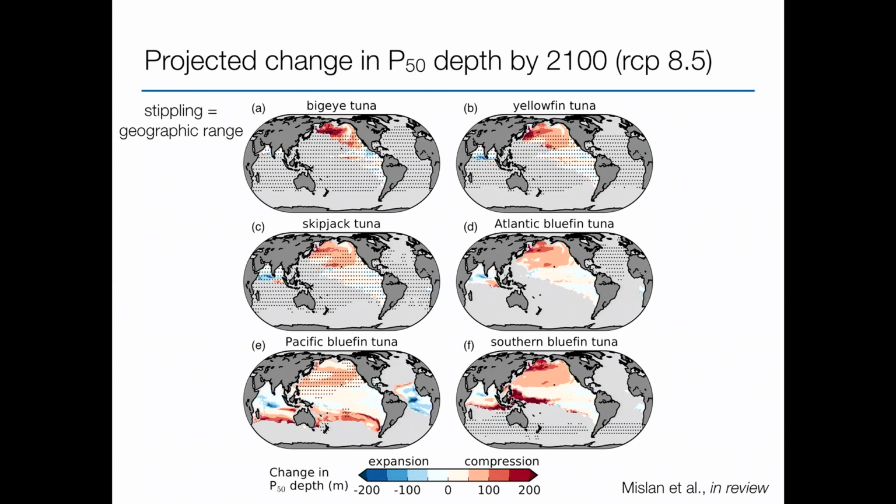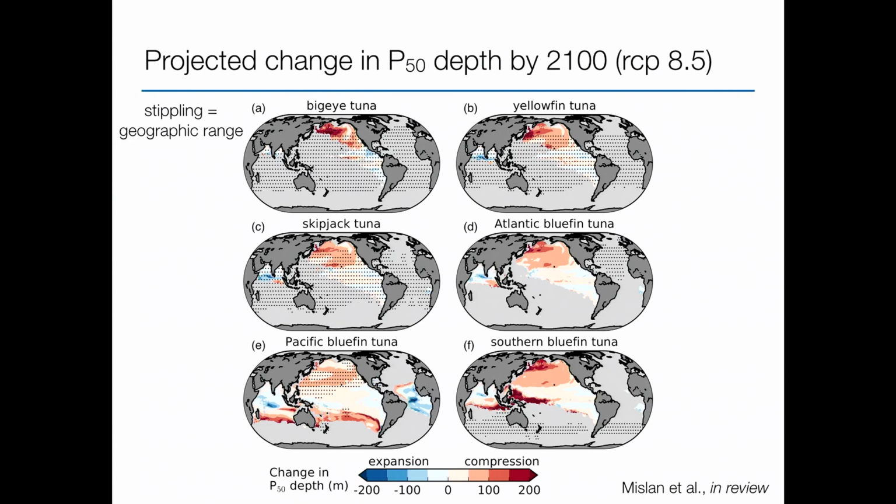So this is set up similar to the other plot. The red means that the P50 depths are getting shallower, so that compression that I was talking about in the initial hypothesis is potentially going to occur. If it's blue, it means the P50 depths are getting deeper, so there could be some expansions. And so what this plot shows is, well, Atlantic bluefin tuna doesn't matter because it doesn't have any overlap.